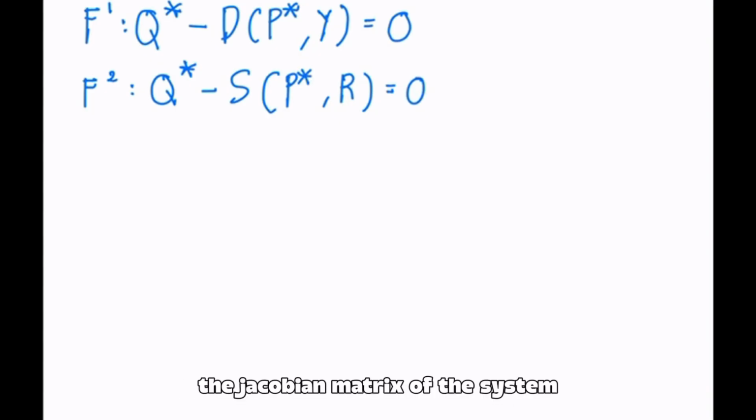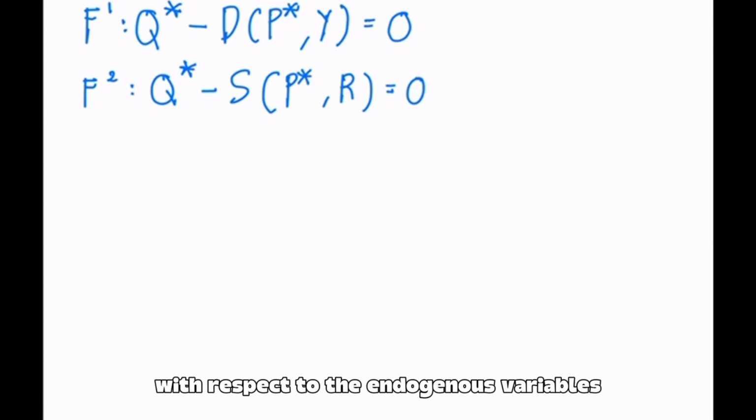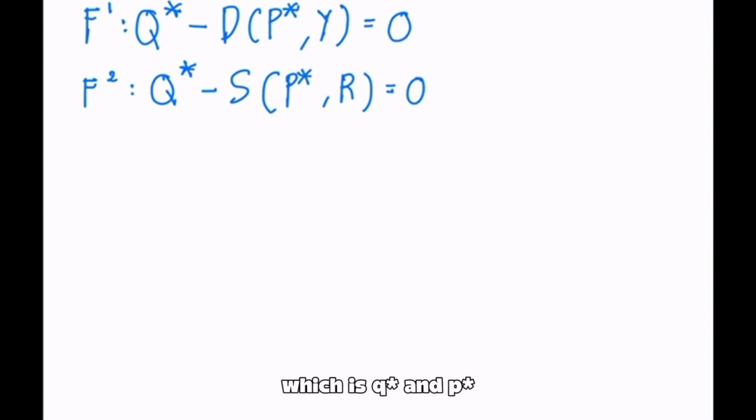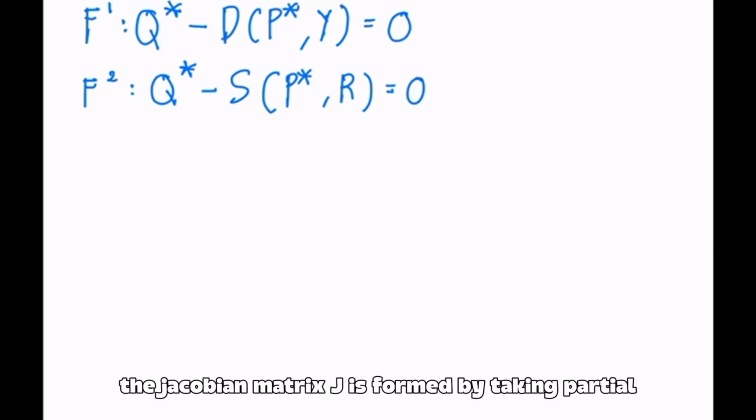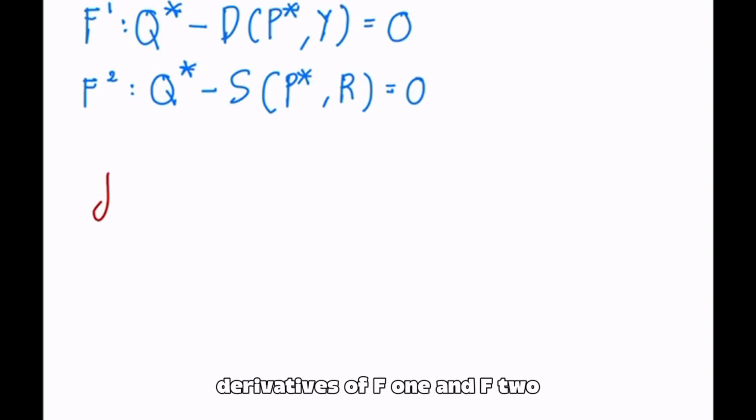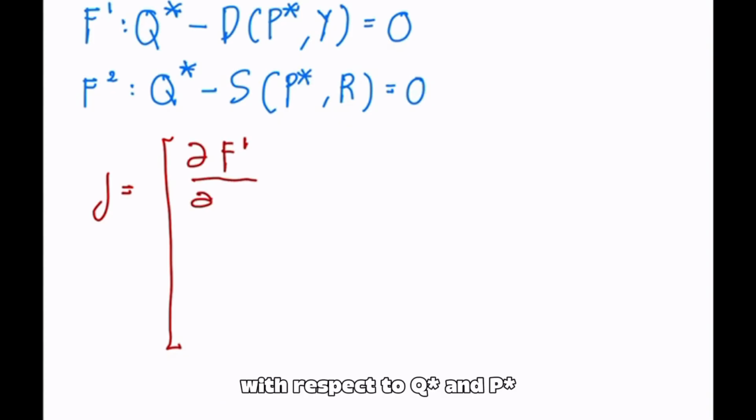The Jacobian matrix of the system with respect to the endogenous variables, which are Q star and P star, must have a non-zero determinant. Then we construct the Jacobian matrix. The Jacobian matrix J is formed by taking the partial derivatives of F1 and F2 with respect to Q star and P star.